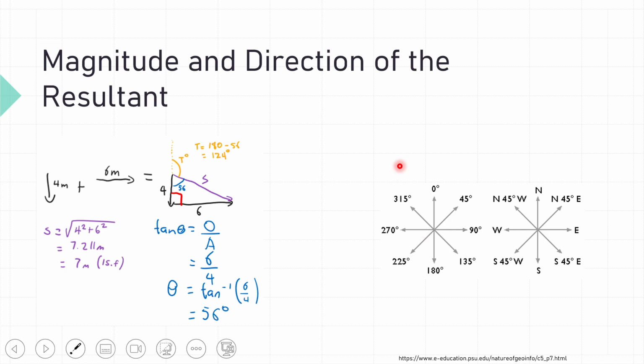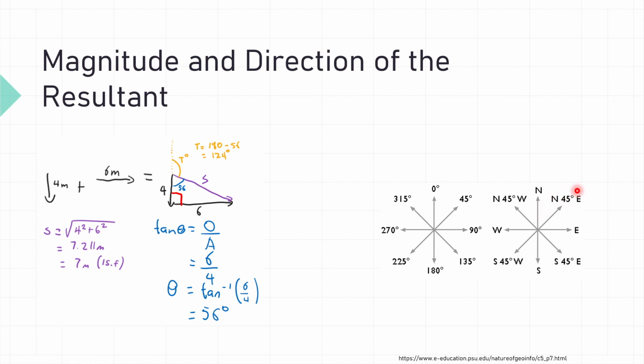This north, south, east, west notation is a little bit simpler in some ways, a little bit more complex in others. What we do when we're using this notation is always report whether the vector is pointing in a northerly or southerly direction first, and then indicate the number of degrees away from that north or south point, either in the west or easterly direction.